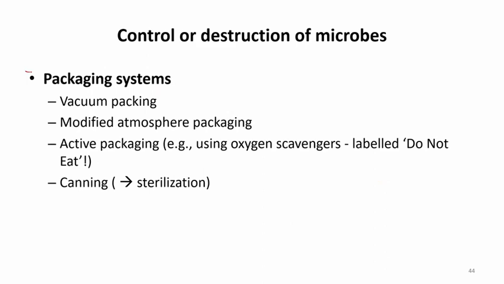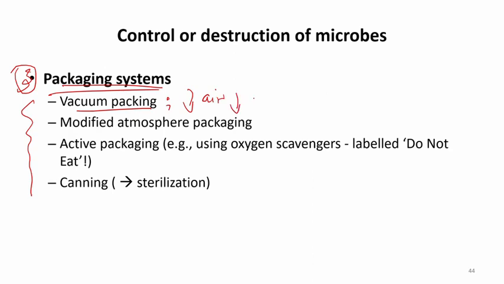Okay, the third approach we can apply for control or destruction of microbes is by using packaging systems. There are different techniques of packaging. Vacuum packaging means that before we pack, we remove all the air. When we remove all the air, of course you remove oxygen.